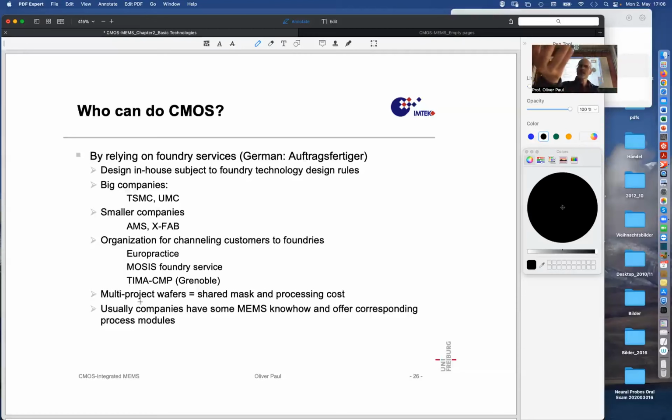X-FAB has runs where it combines the designs of many university labs or companies who would like to do an ASIC design on the same wafer. The photolithography is repeated, and each of these repetitions consists of little chips designed by partner A or customer A, customer B, customer C, etc.